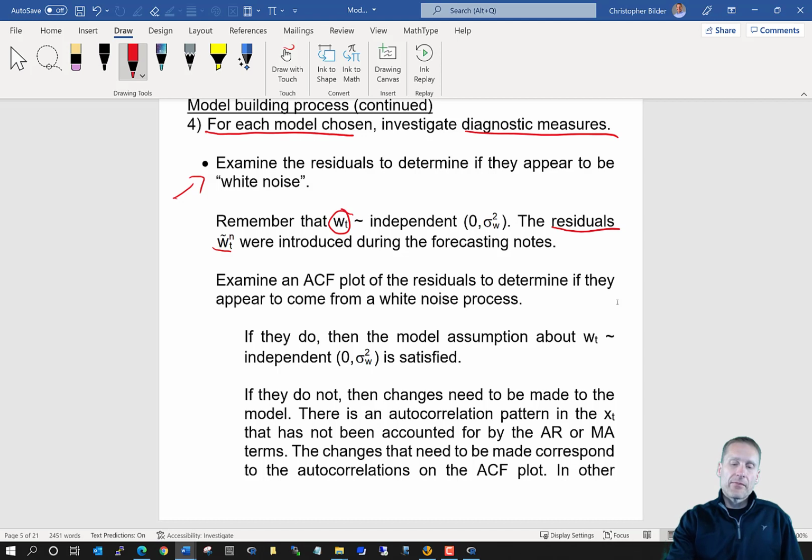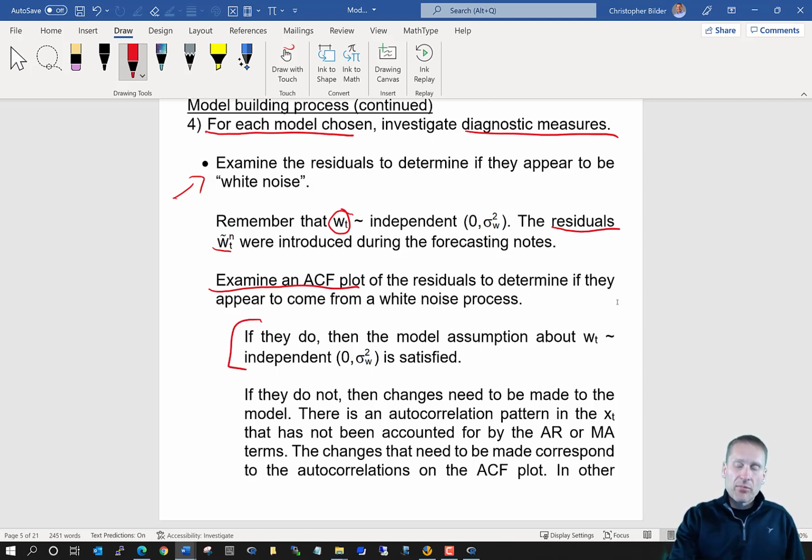How do we do that? We look at the estimated ACF plot of these residuals, and based upon our knowledge of an autocorrelation function plot, we decide: does it look like what's left over from the model's fit is white noise?